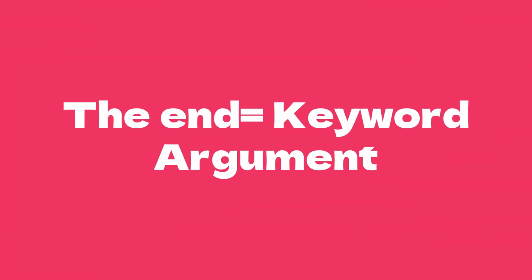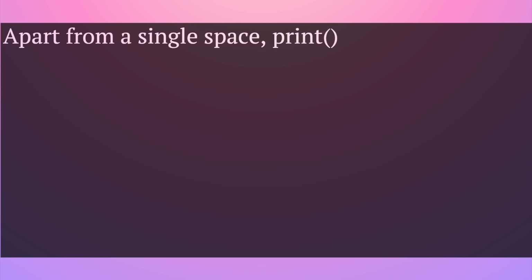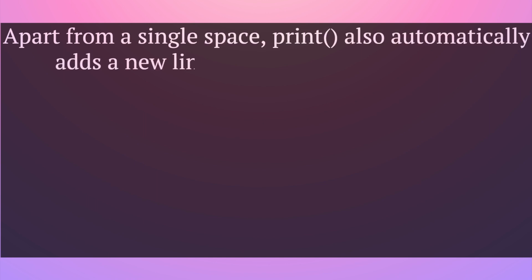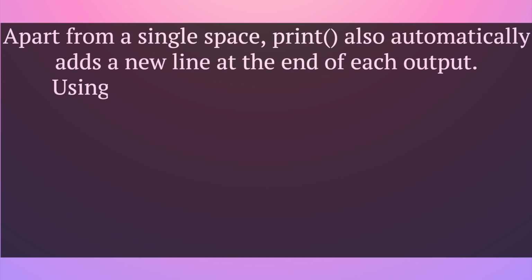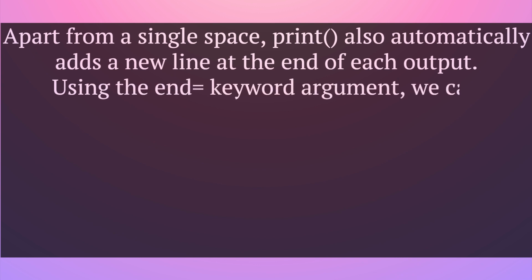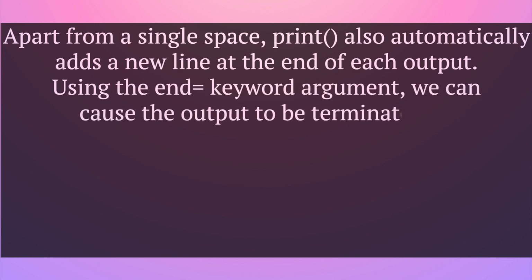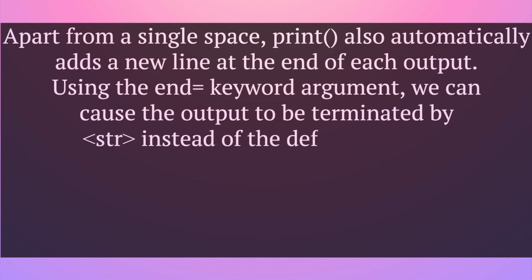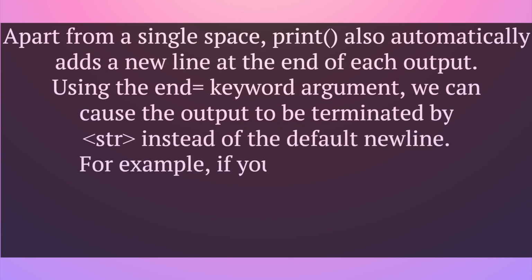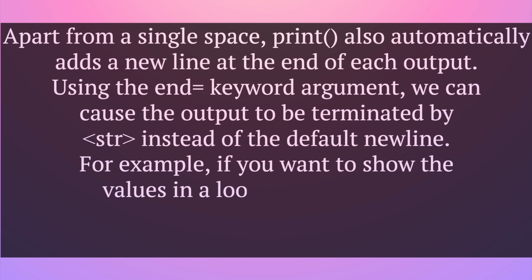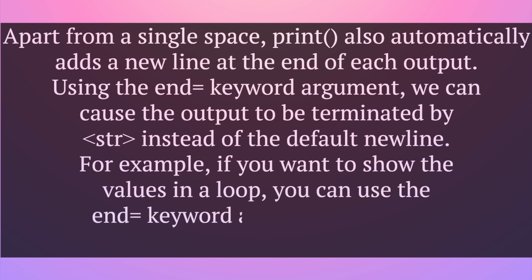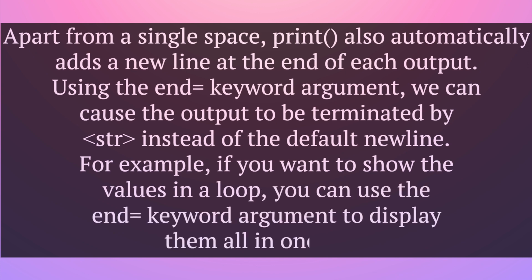The end keyword argument. Apart from a single space, print also automatically adds a new line at the end of each output. Using the end keyword argument, we can cause the output to be terminated by str instead of the default new line. For example, if you want to show the values in a loop, you can use the end keyword argument to display them all in one line.